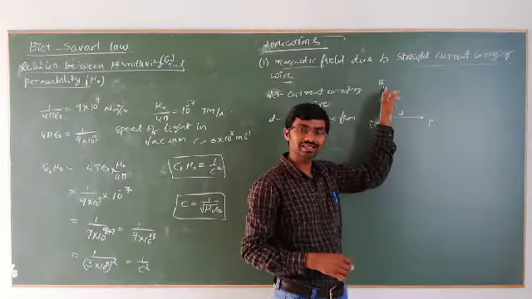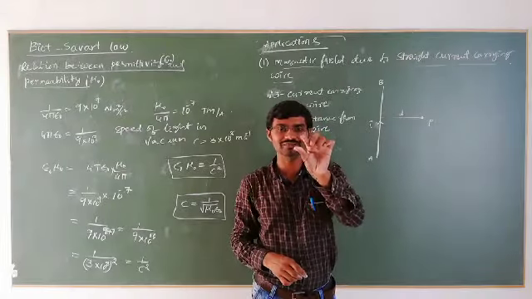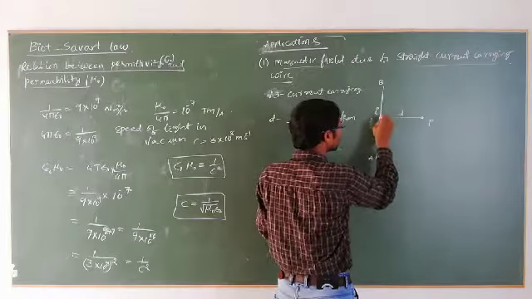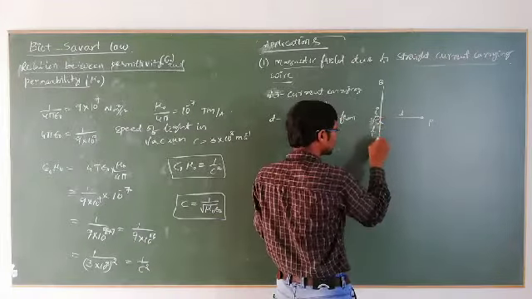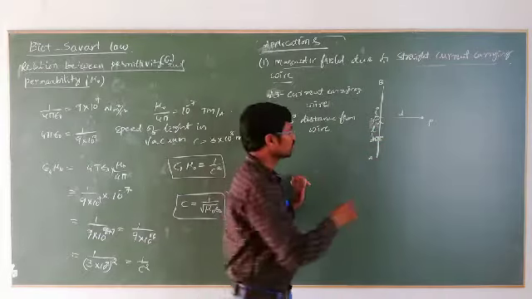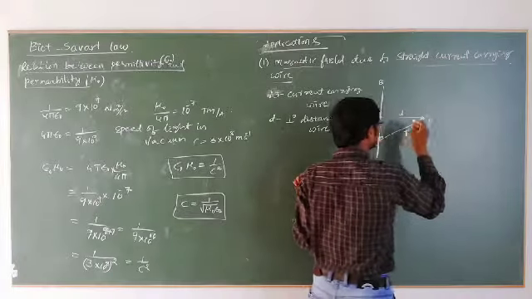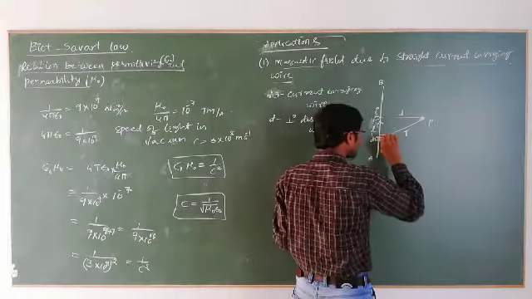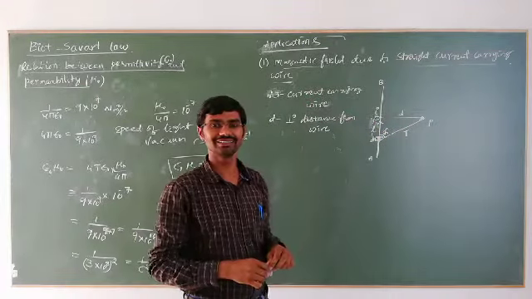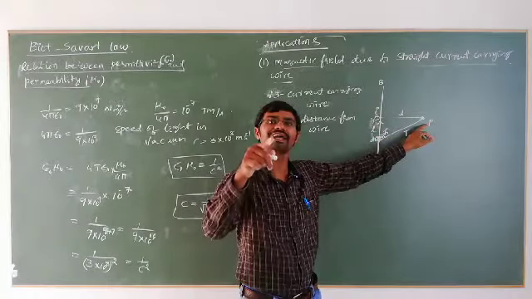Instead of calculating the magnitude due to the entire length of the wire, let me take a dl element of the wire, which is at a distance l from this point O. Now due to this dl element at this point, if the distance is r and the angle it makes is alpha, you can find the magnitude due to this dl element at this point using the Biot-Savart law.